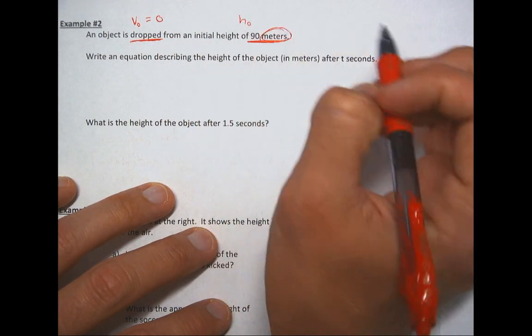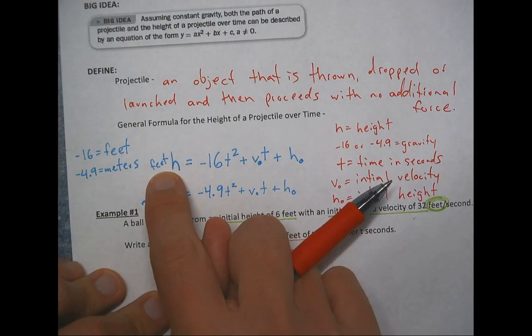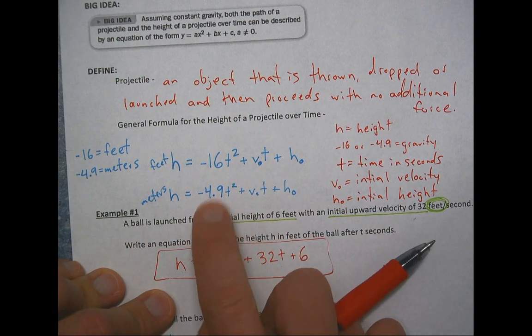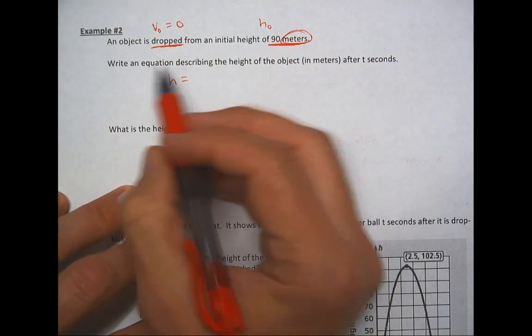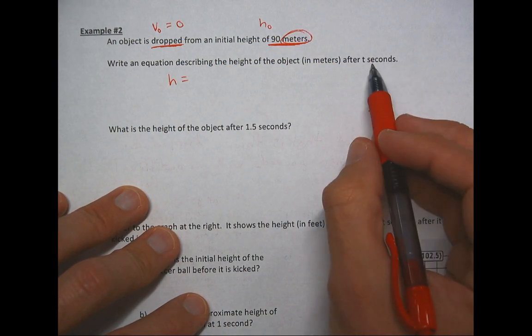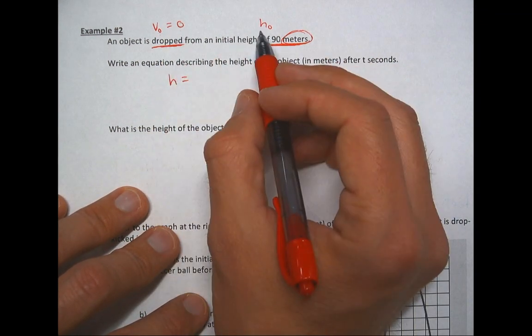So this is h0, but it's in meters. All right, and so we want to make sure when we grab the equations that we don't grab the one that's in feet. We're going to grab the one that's in meters. So it's going to be negative 4.9 that goes in the front. So h equals. So we're going to write the equation here after t seconds. So not plugging anything in yet, just using our initial velocity and our initial height.